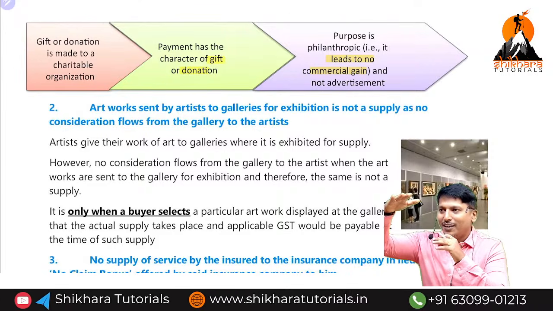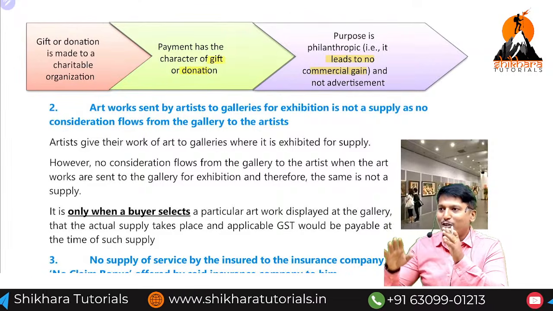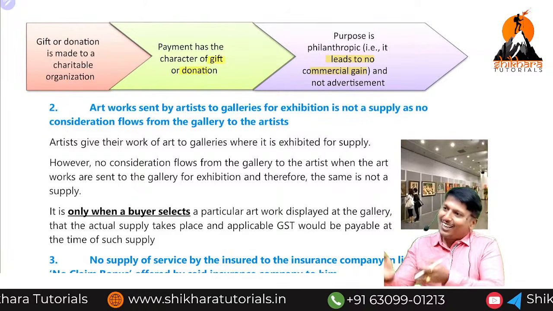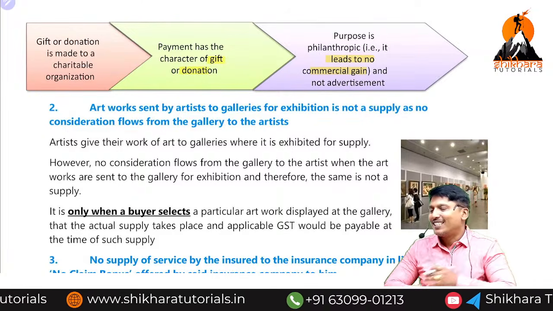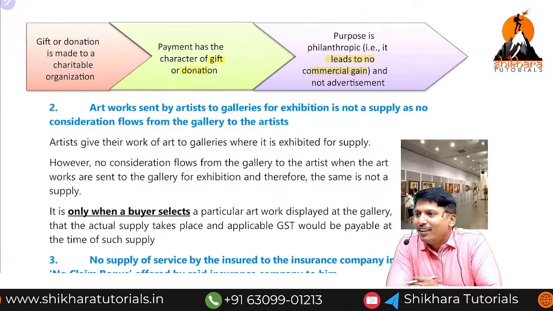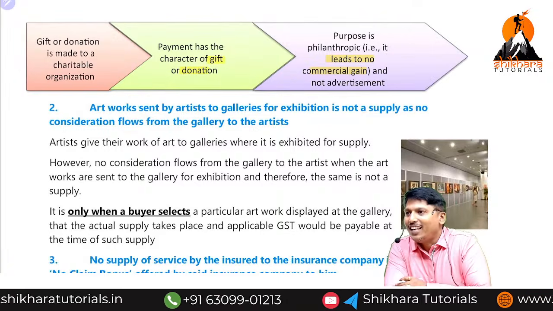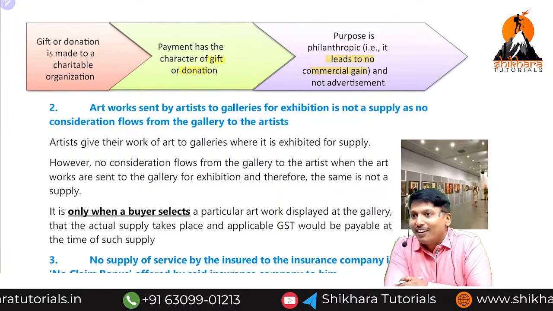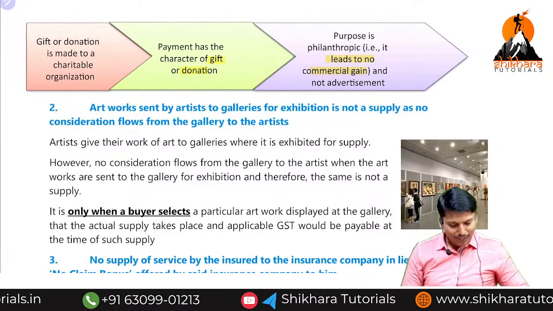On the top, some god photo, down some calendar, and down they gave some ads. Why are they given that? For a commercial activity. It is regarding consideration. It's a supply.